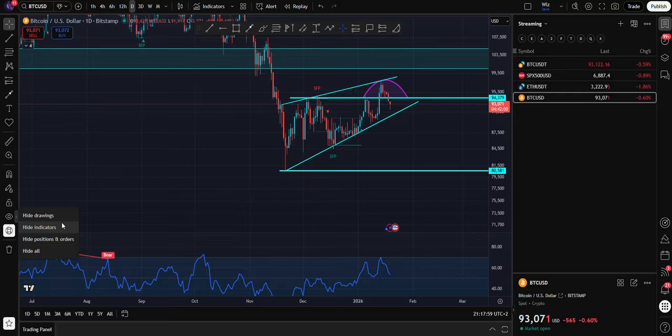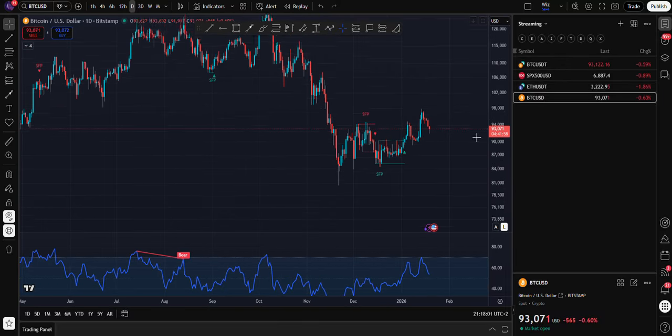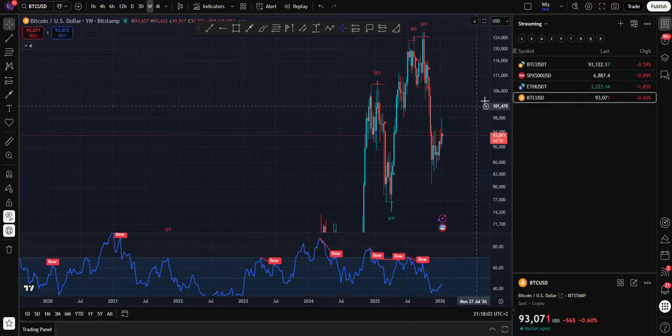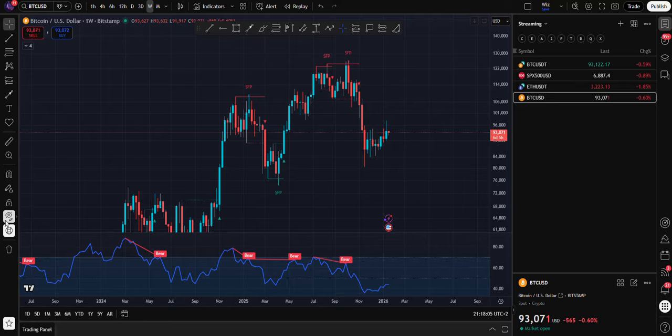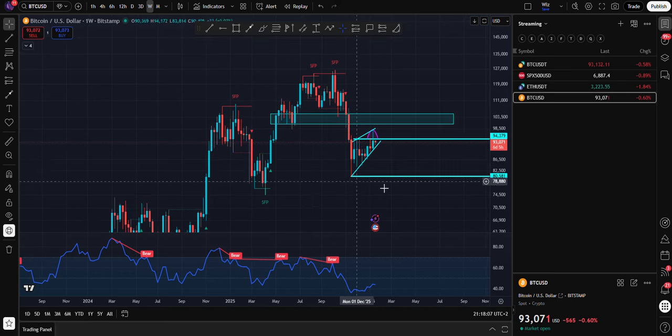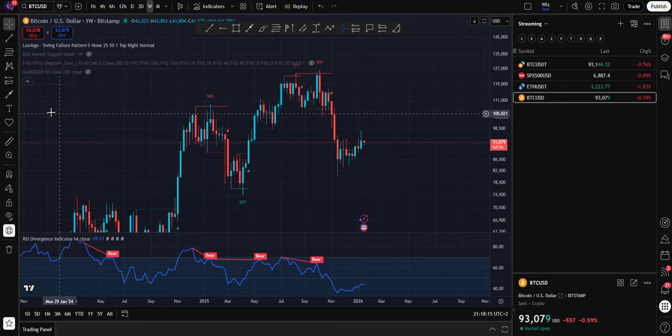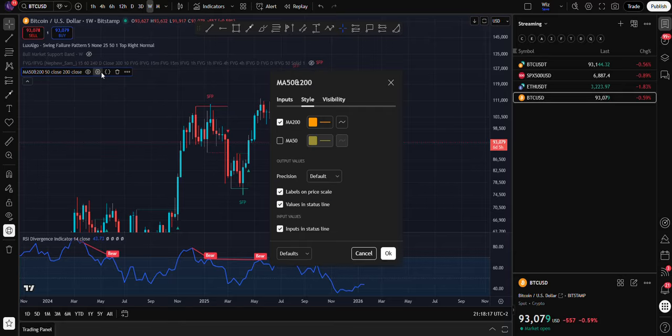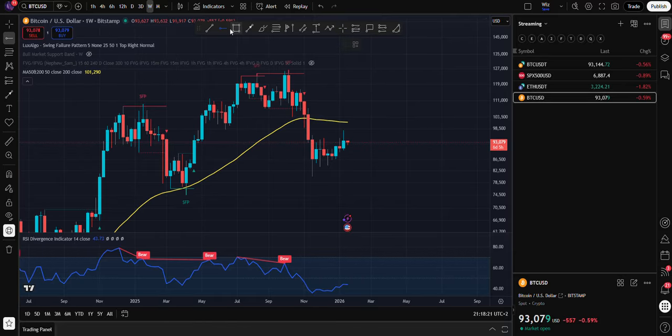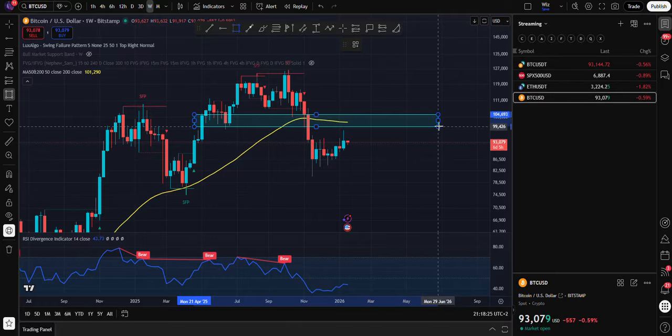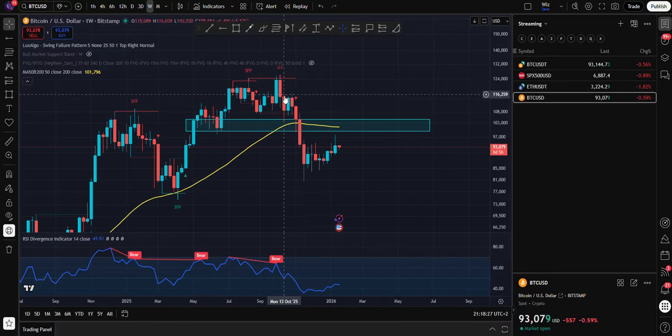Let's see what else do we have. Back into the weekly time frame. We had that 50 weekly moving average, as I showed you before, here, along with the horizontal resistance.